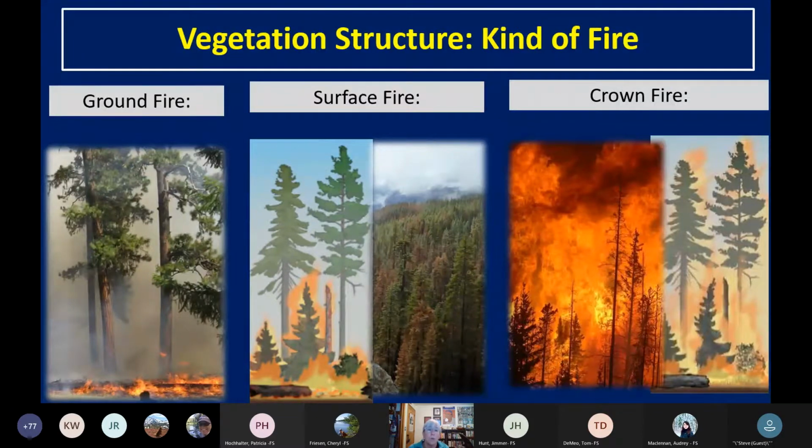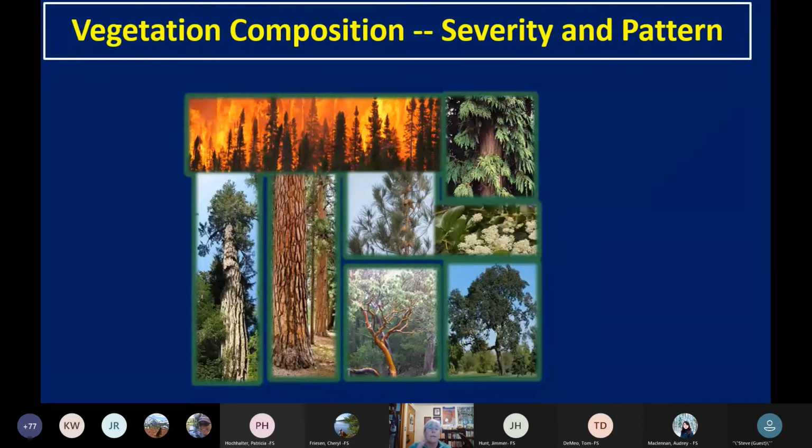So structure really affects the kind of fire we see, and the composition of vegetation can really affect how species react to fire. So fire severity affects mortality, and thus that ends up affecting vegetation pattern as well.